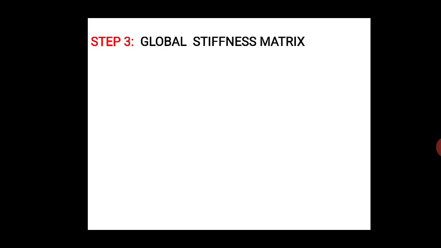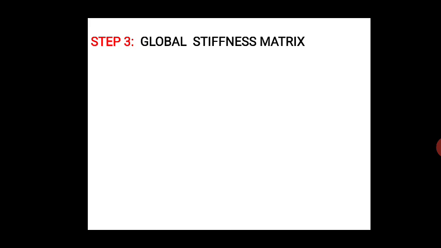Now we have determined the element stiffness matrix for element 1, element 2 and element 3. Considering these three element stiffness matrices, we will write the global stiffness matrix.